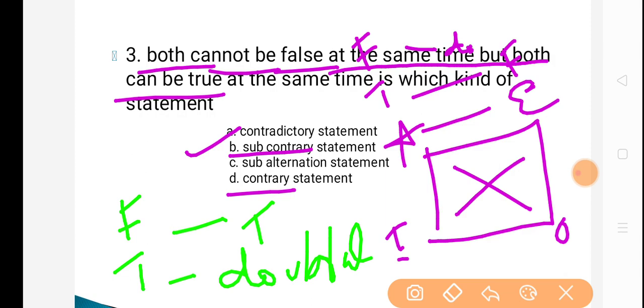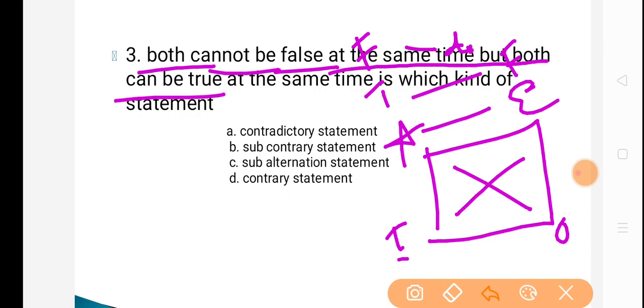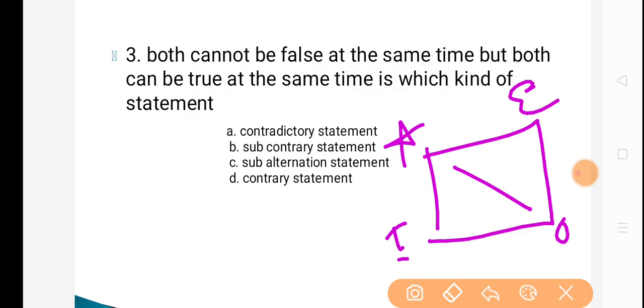So from this rule itself we can say that it's the subcontrary statement. Here you want to remember one thing to solve this kind of question.